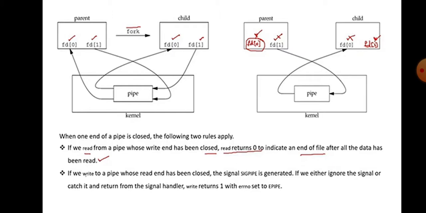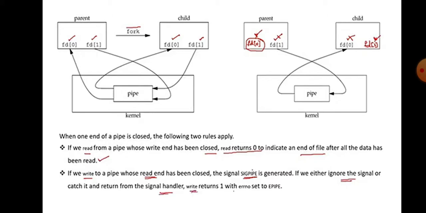And let us see what happens if we try to write to a pipe whose read end has been closed. In that case, SIGPIPE is generated. After this signal is generated, there are two options: either to ignore the signal or to catch it and return it to the signal handler.